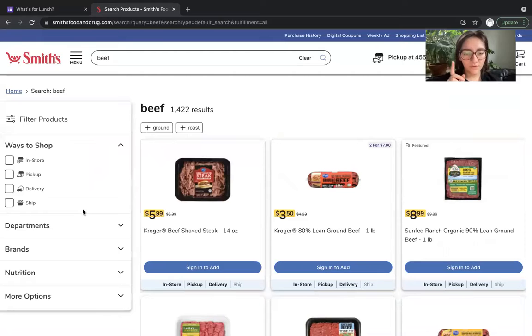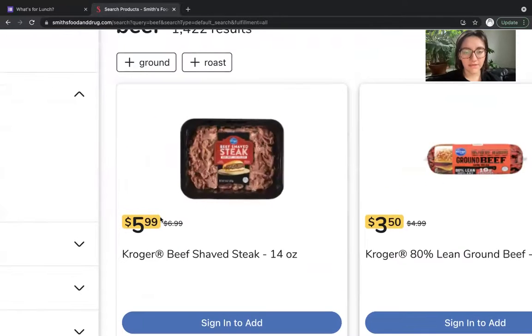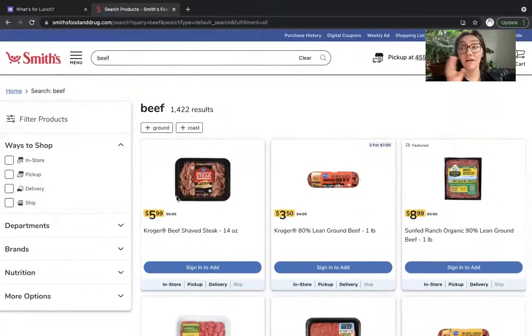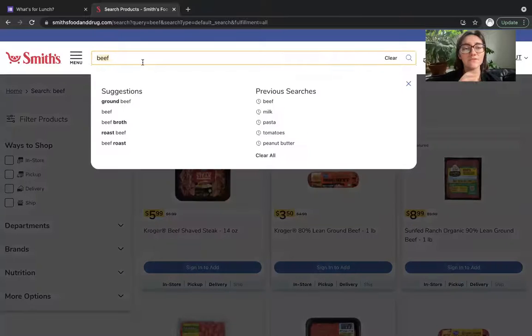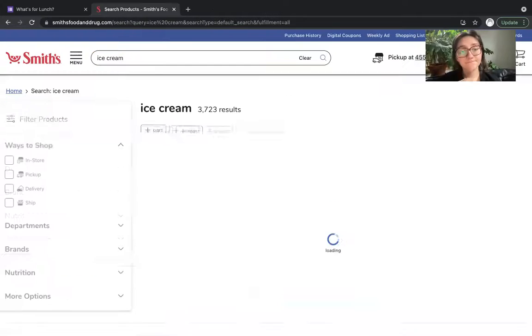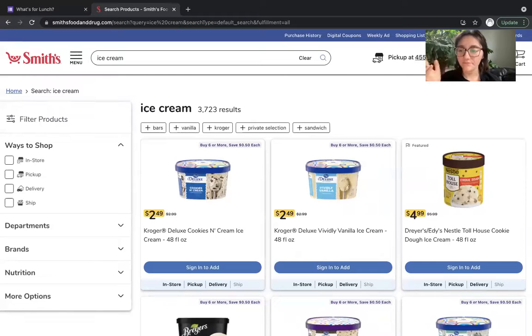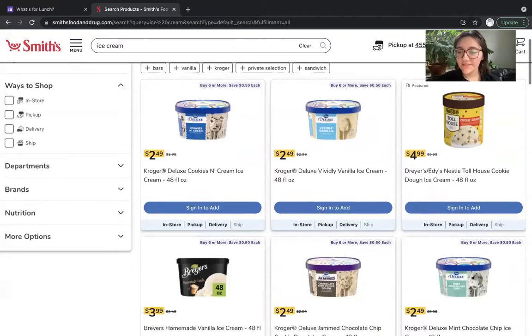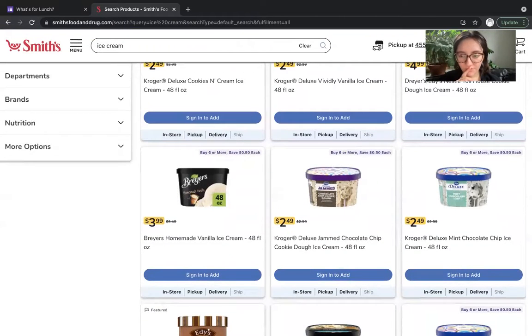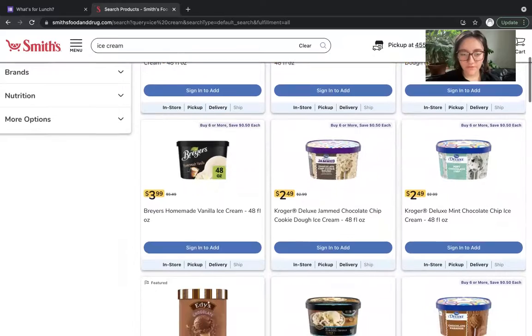Let's look at one more thing to compare, right? Which one is cheaper and which one is more expensive? Let's look at ice cream and see how much that is. Let's see, 48.